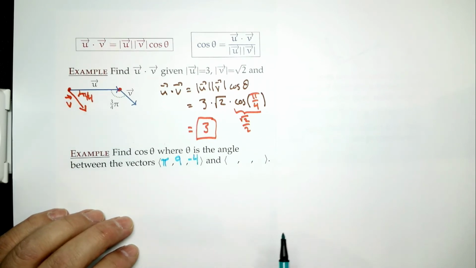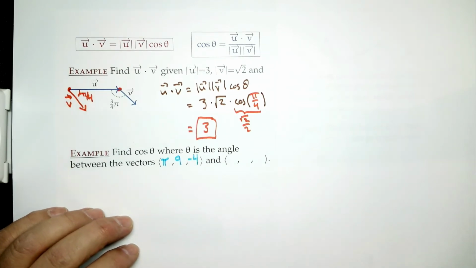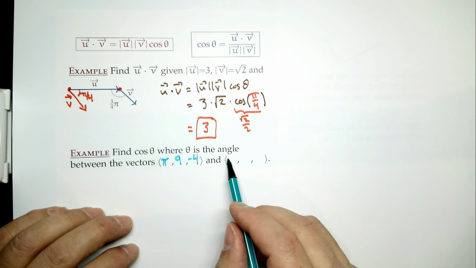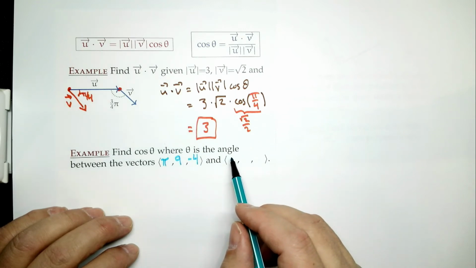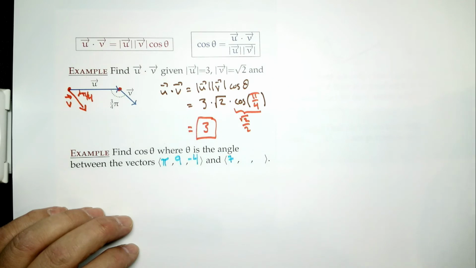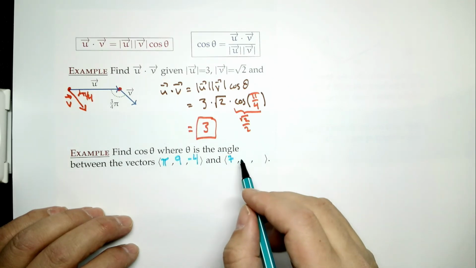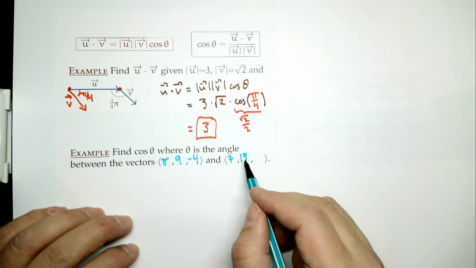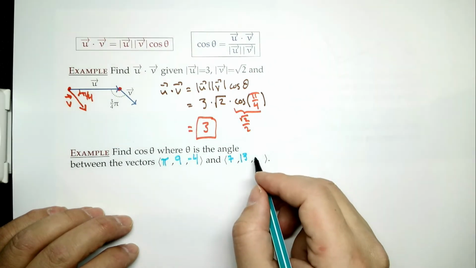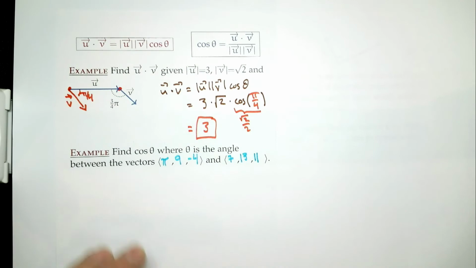We're allowed negative numbers. Absolutely. That's one vector. Another one? 7. There was something teen. 13. Ah, 13. Okay, and what? 11. Okay.